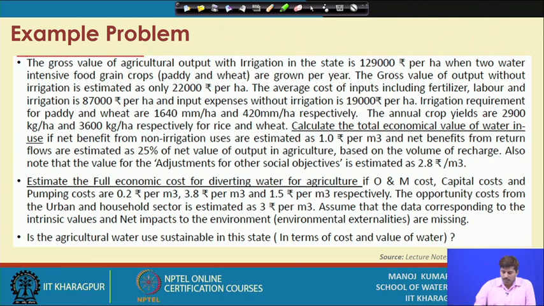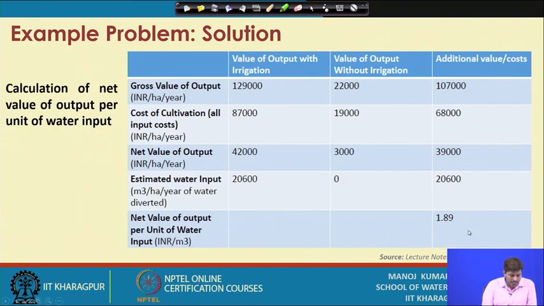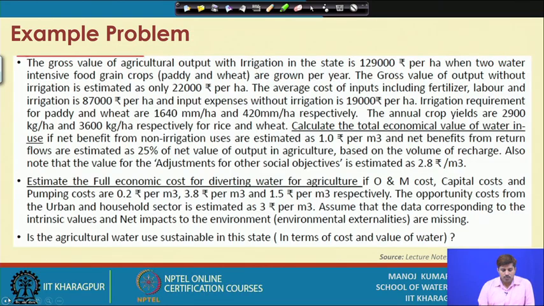So you see that 1.89 was the total value. We have 1.89 as the net output, then we have other benefit, non-irrigation benefit, as 1 rupee per meter cube. These are all per meter cube in rupees, and return flow is 25% of the net value of this.